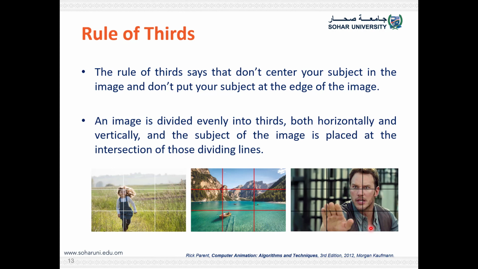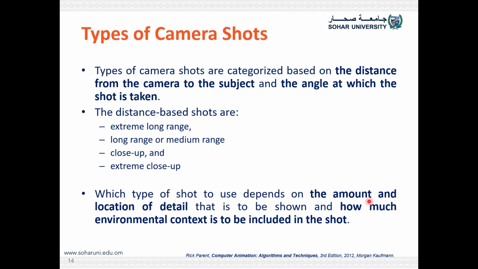So this is to make attention, and of course to the audience, and make an interesting image using this rule, which is called the rule of thirds. So this is the idea, to divide the image into thirds. And we have intersection lines, so the object that we want to show, we have to put it in this place or in this place, as we can find here in these examples.